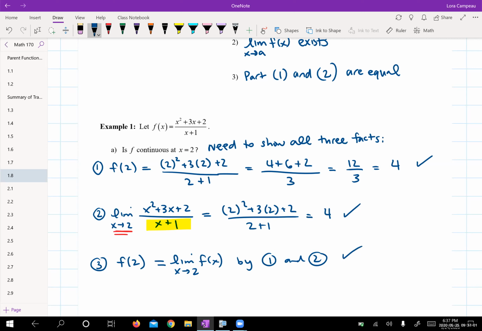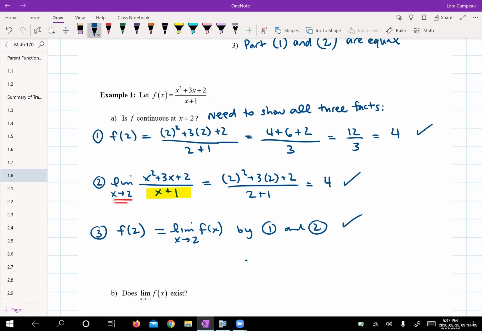So if all 3 criteria hold, we can now conclude, therefore, the function is continuous at x equals 2. So we have just proven that fact.